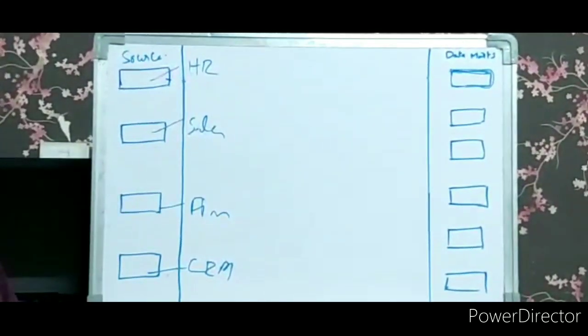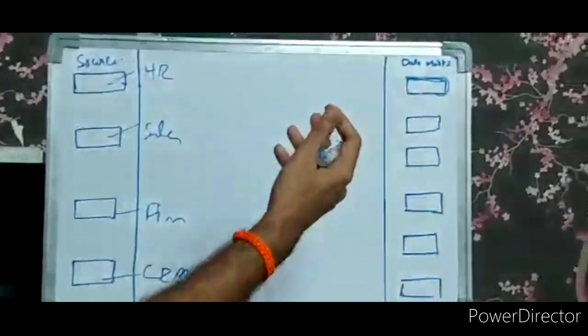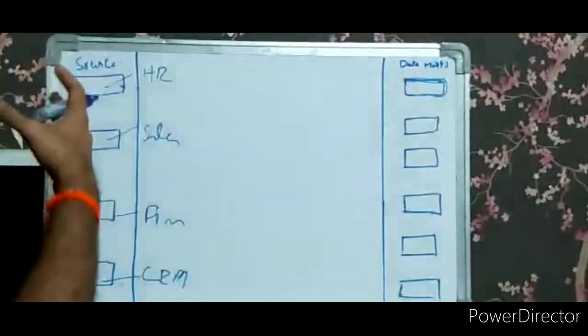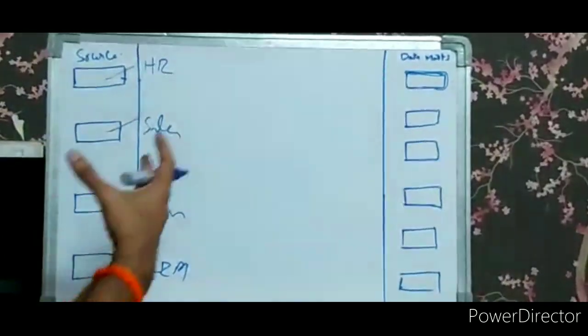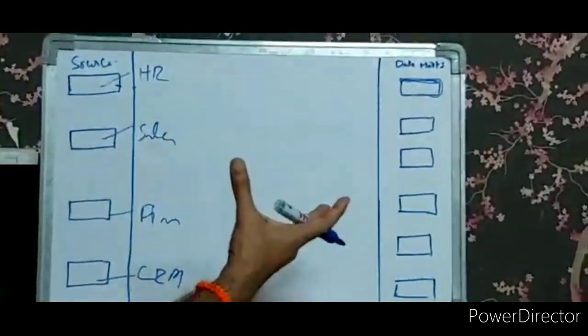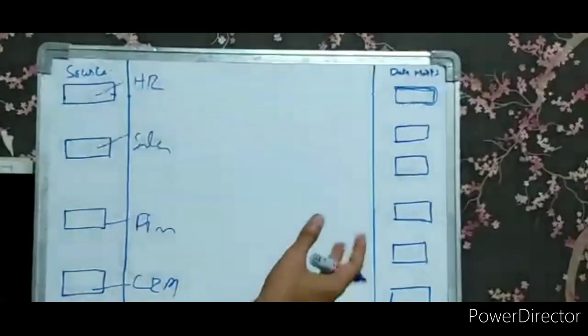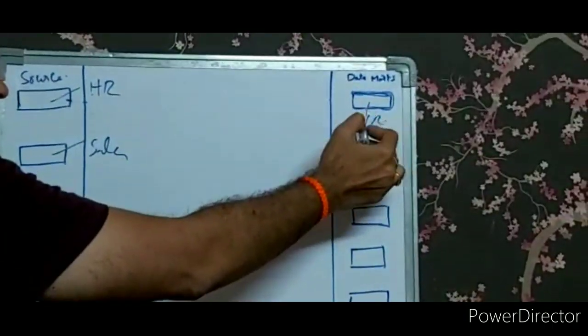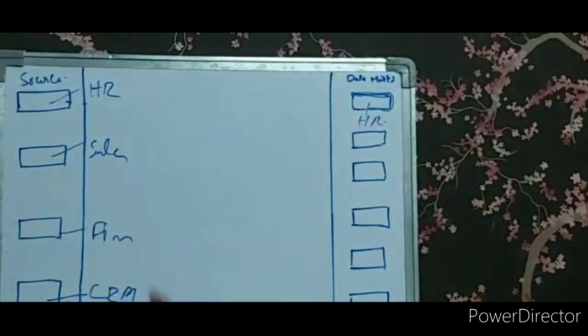Suppose a business user wants to perform operational data analytics on top of the operational data. They need an intermediate snapshot of the data, right? For example, for HR-specific subject area data, they need the current snapshot of HR data.